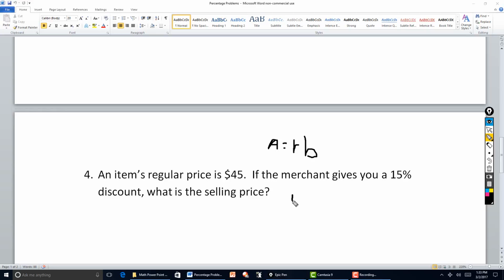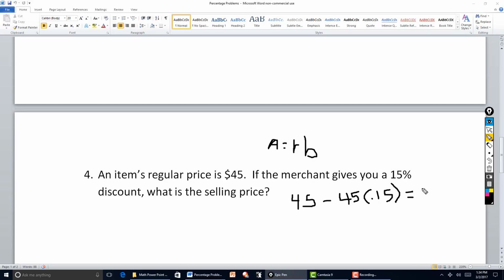So one way we can do it is say, okay, it's $45 minus the discount. You're not going to pay the $45, you're going to pay the $45 minus 0.15 times 45.